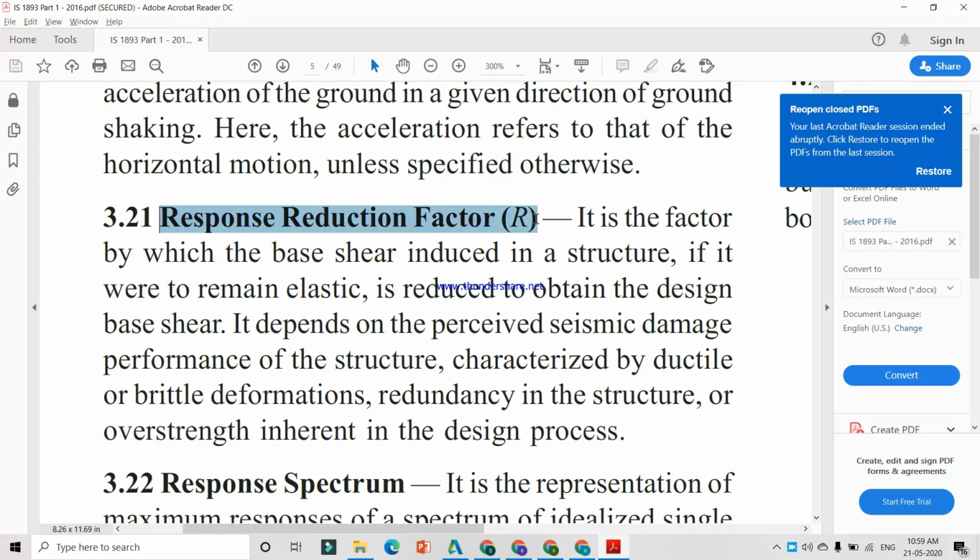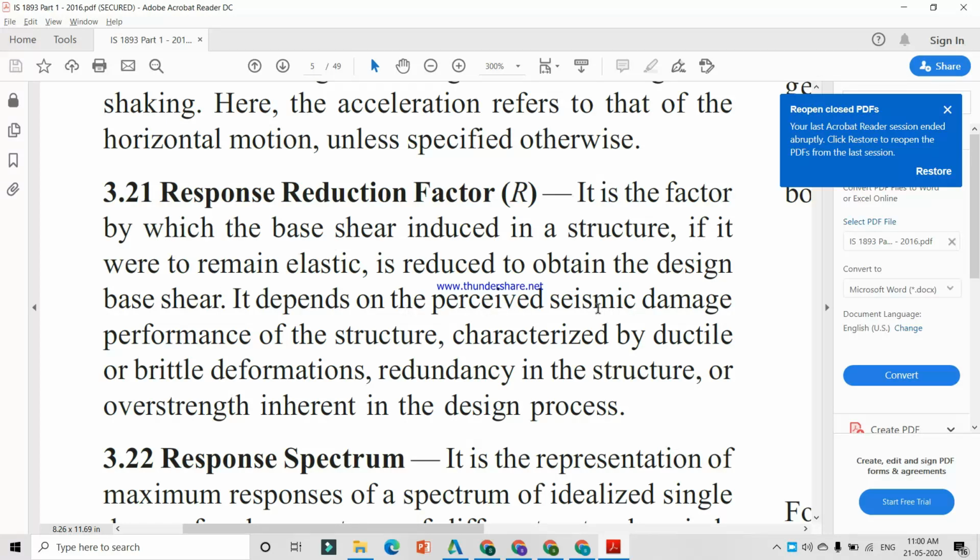In short form, the response reduction factor is a factor which is useful to reduce the shear force, which is useful to calculate the design lateral force, that is the design base shear.